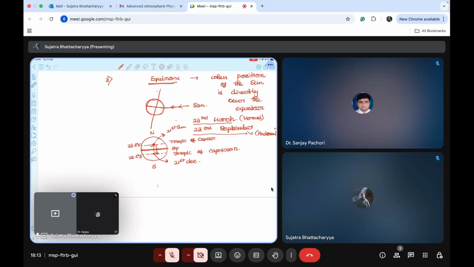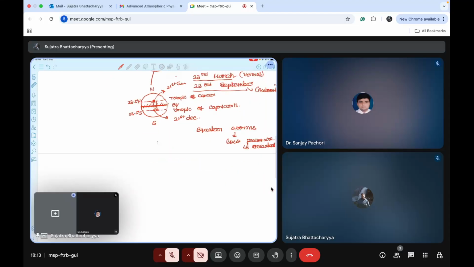As you can see, when the sun's direct radiation is over the equator, there is a chance that this equatorial region warms, and because of the warming, a low pressure is created. Low pressure regions generally have convergence.